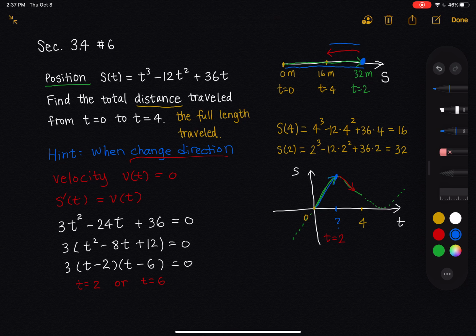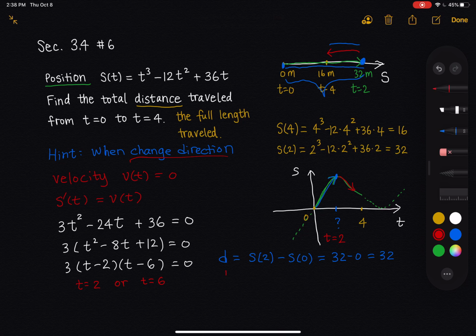Now, in order to find the distance traveled, we need to find what the blue piece right here is. The distance for the blue piece is the displacement s at 2 minus s at 0, the difference between where it originally was and where it ended up. So how far apart are they? 32 minus 0, which is 32.